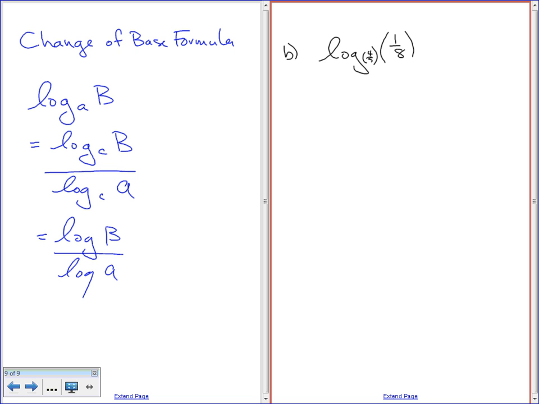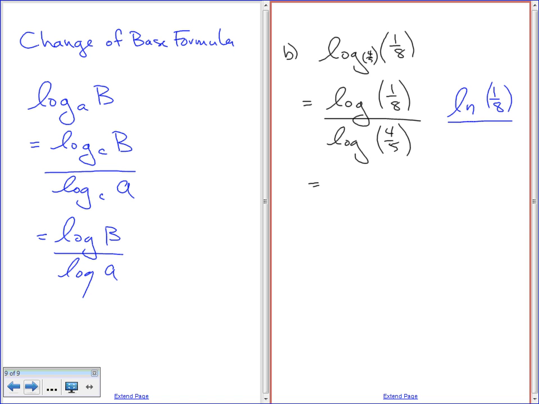I don't know, but I know that I can use the change of base formula: take the log of 1/8 and divide it by the log of 4 over 5. Or if you are a fan of the ln button, you get the exact same answer if you chose the base e instead of the base 10. Whether you type in the blue thing on your calculator or the black thing, you're going to end up with the same answer.